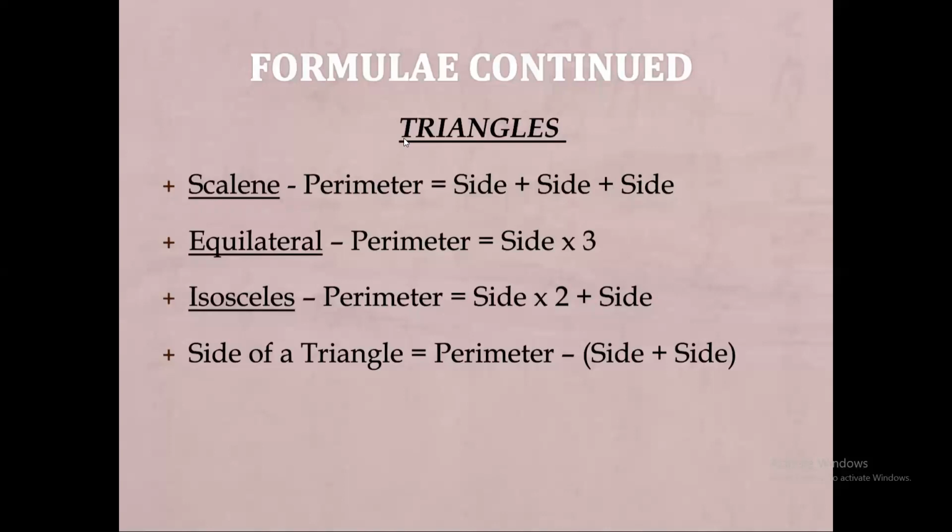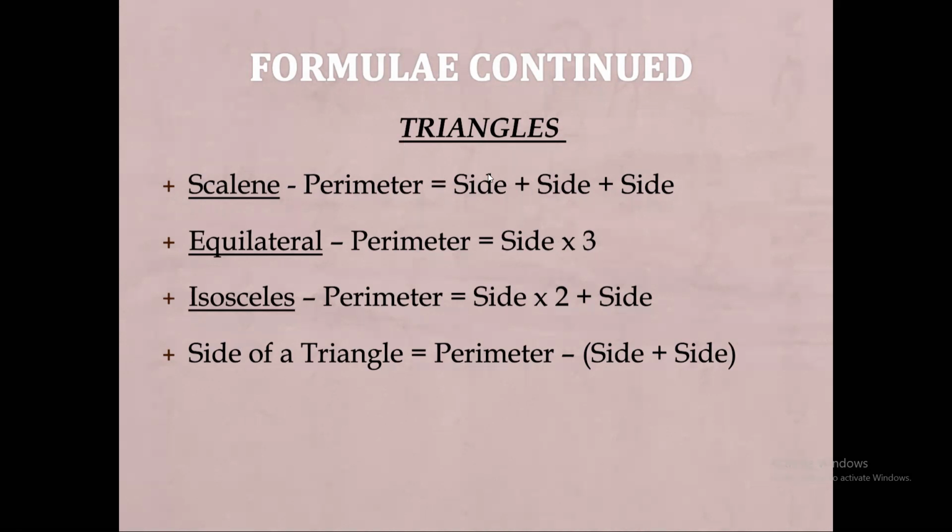Now, I will discuss more and say to you why these are different. But in most cases, when a triangle is given, it is usually just add up all 3 sides.